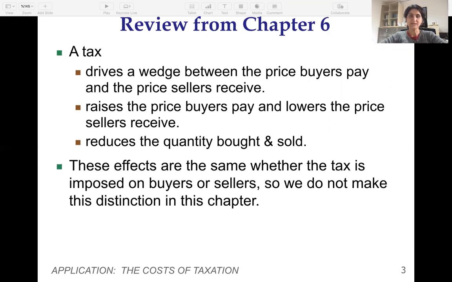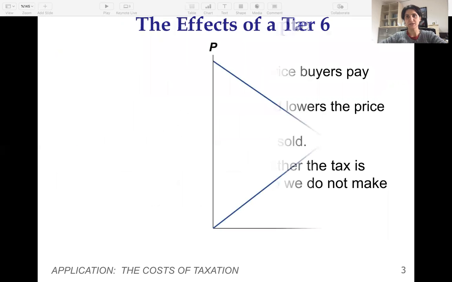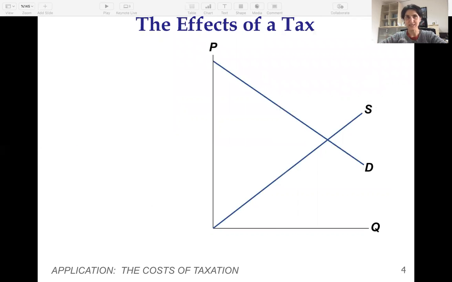These effects are the same whether the tax is imposed on buyers or on sellers, so we do not make a distinction in this chapter. We are just going to talk about the tax. So let's look at the effects of a tax.